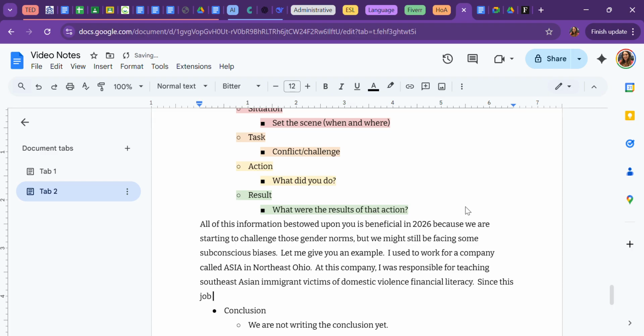Since this job was part of the public sector, it was publicly funded.